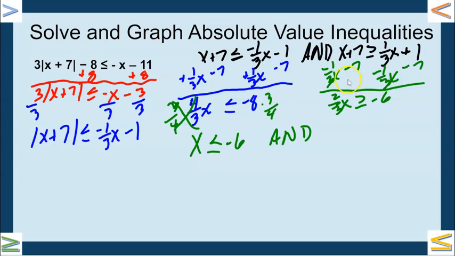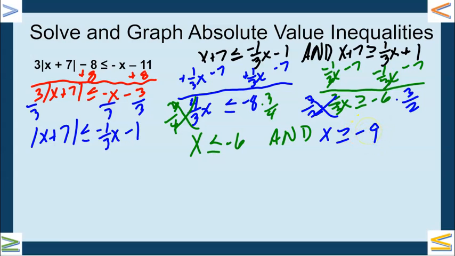The opposite of multiplying by 2/3 is divide by 2/3 or multiply by 3/2. That gives us x is greater than or equal to, multiply this side by 3/2. -6 times 3 is -18. -18 divided by 2 is -9.